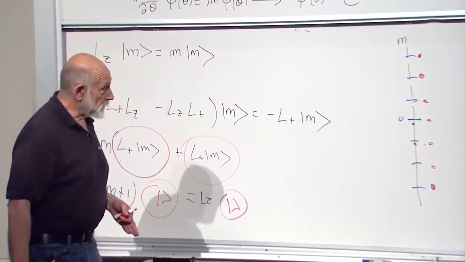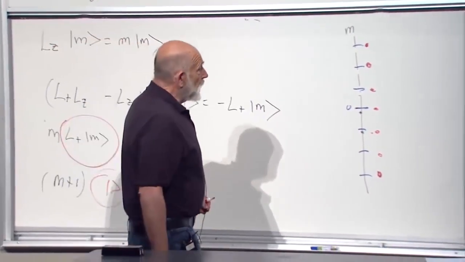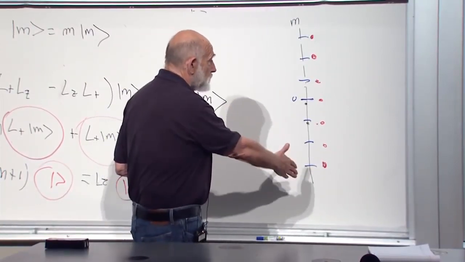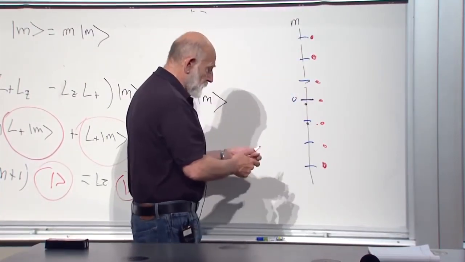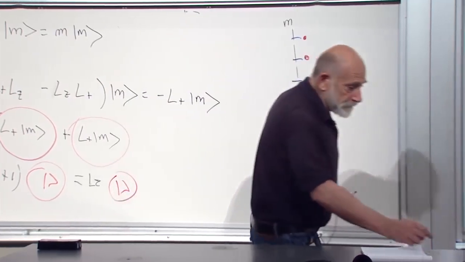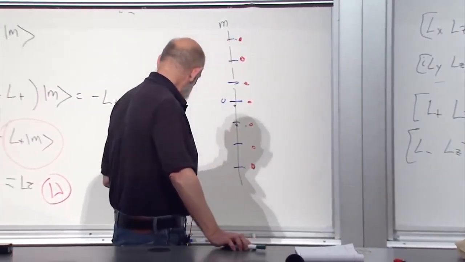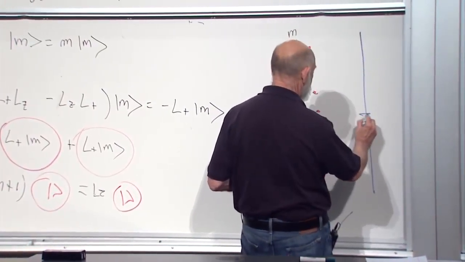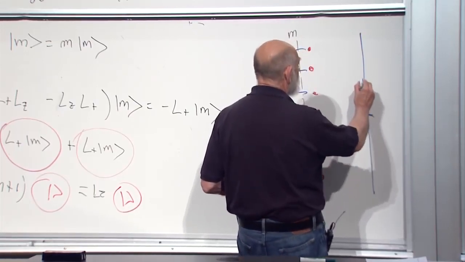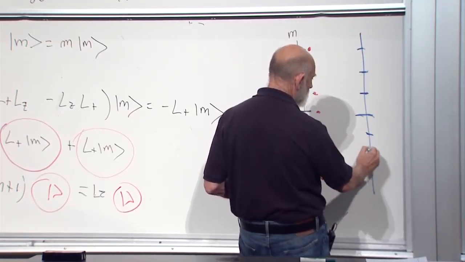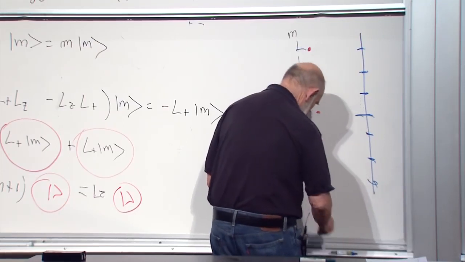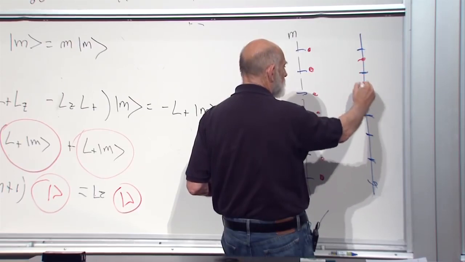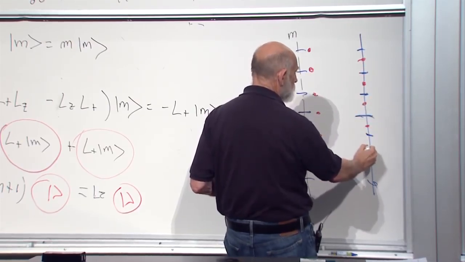If it terminates, there's another possibility, and the other possibility that still is consistent with a symmetric spectrum and separation by integers, is the half integer option. Here's 0 again. Start here. Shift by an integer, shift by an integer, shift by an integer.